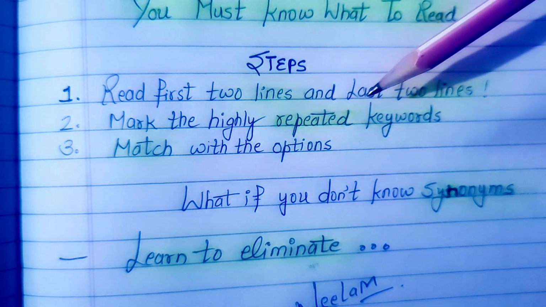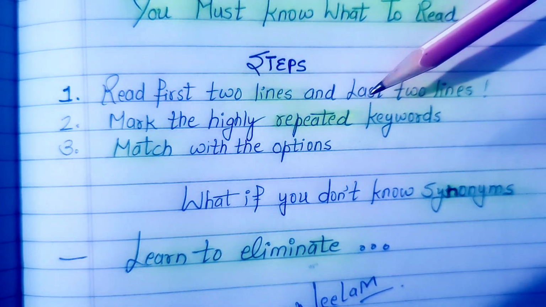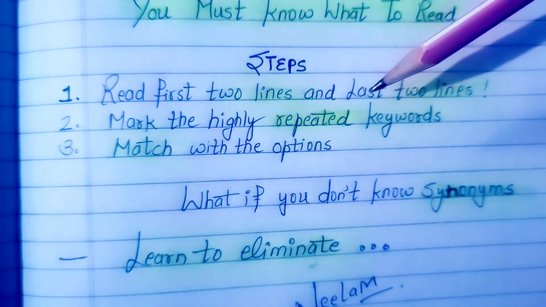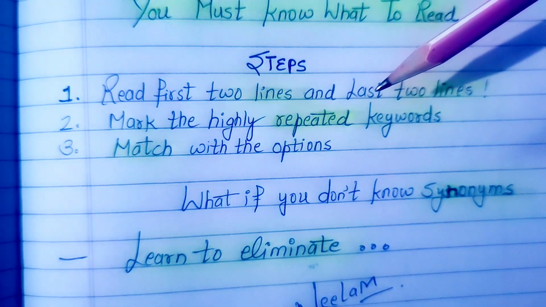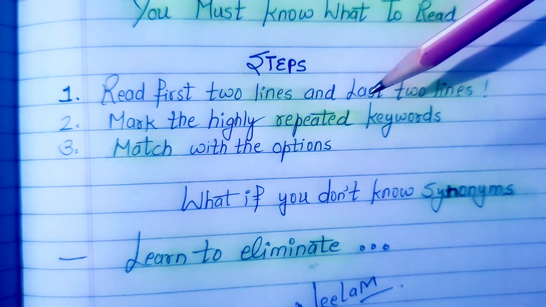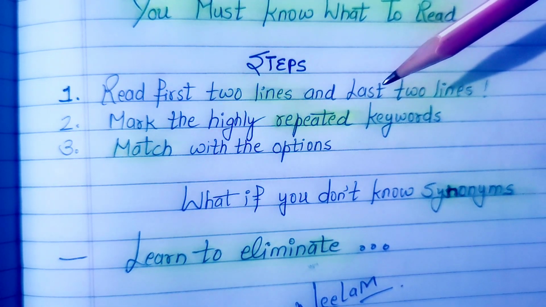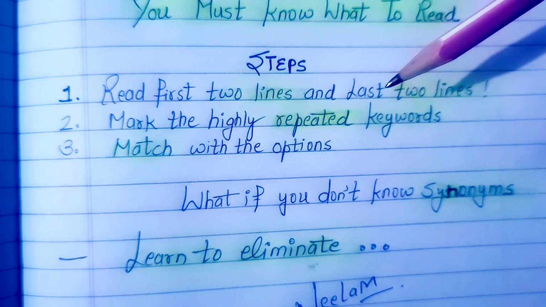But the second situation arises when there is no word being repeated there, and the irony is that you do not have sufficient information about the vocabulary and synonyms. Still, you will have to find out the answer. And in today's video, we are going to see how these 2 situations are tackled while finding the answers of list of headings.